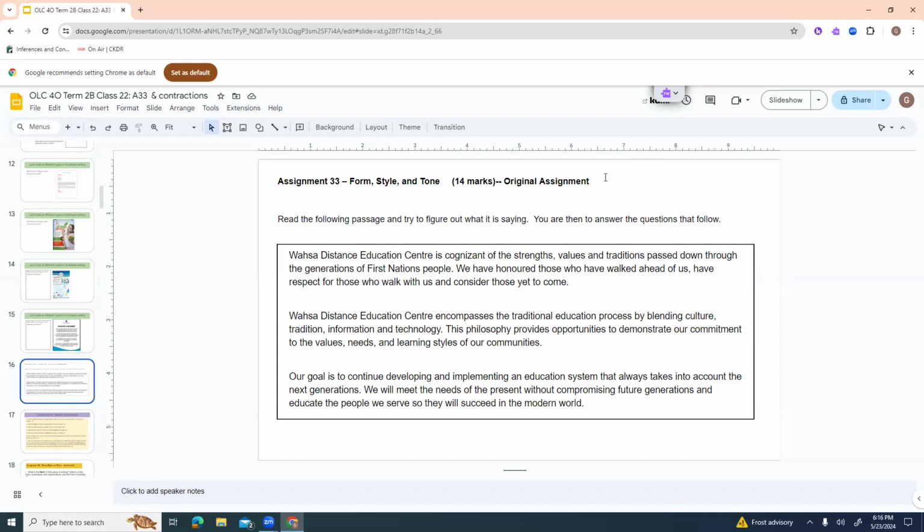This philosophy provides opportunities to demonstrate our commitment to the values, needs, and learning styles of our communities. Our goal is to continue developing and implementing an education system that always takes into account the next generation. We will meet the needs of the present without compromising future generations and educate the people we serve so they will succeed in the modern world.